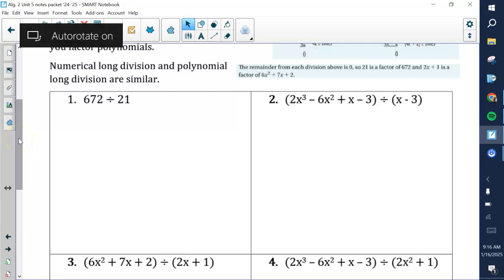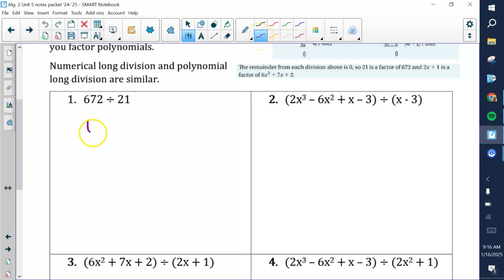672 divided by 21. As a reminder, I first ask myself, is 6 divisible by 21? It is not. So in elementary school, you might have learned to place an X over that.